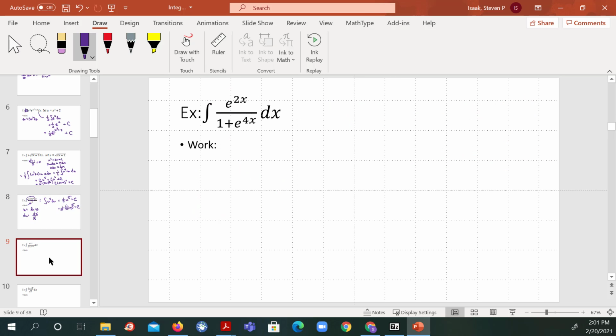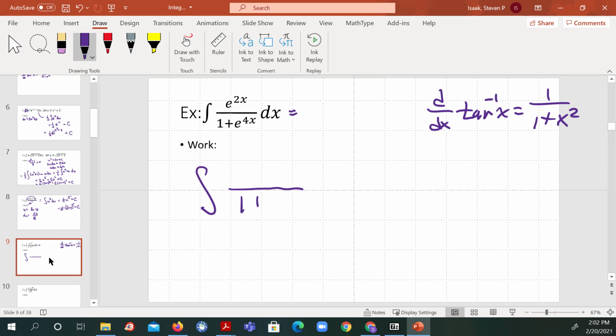Now, this one is a sneaky one. Because, see, I look at this and I see arctangent. Because I seem to remember that the derivative of arctangent of an angle is 1 over 1 plus angle squared. So the first thing I'm going to do is rewrite e to the 4x as e to the 2x squared.